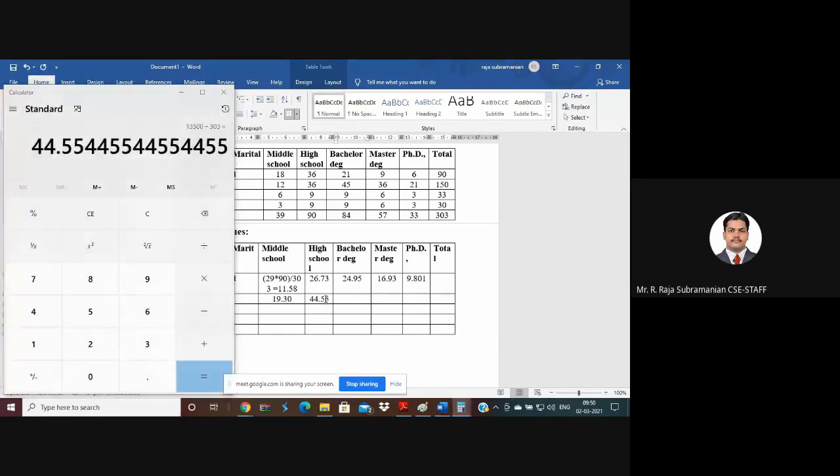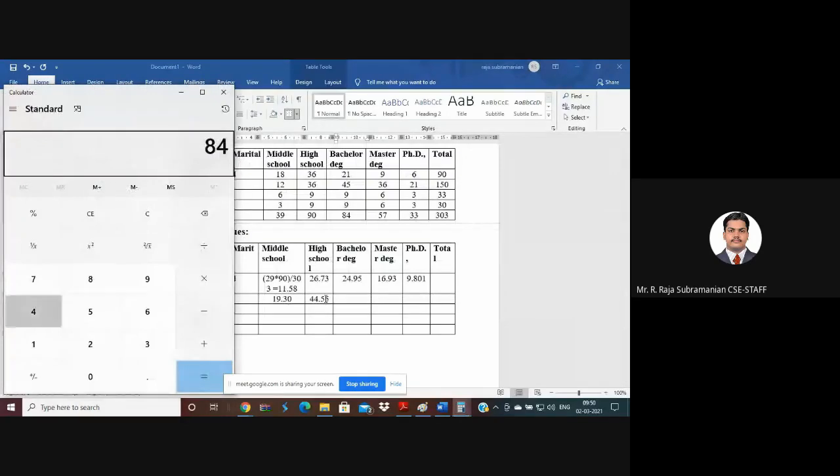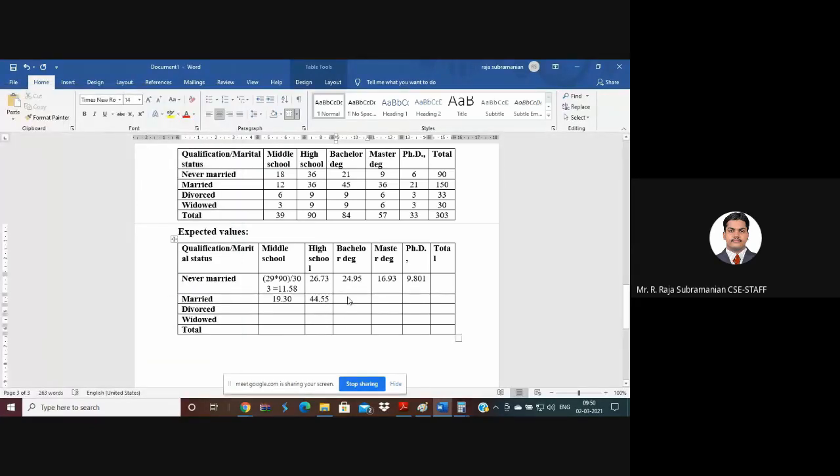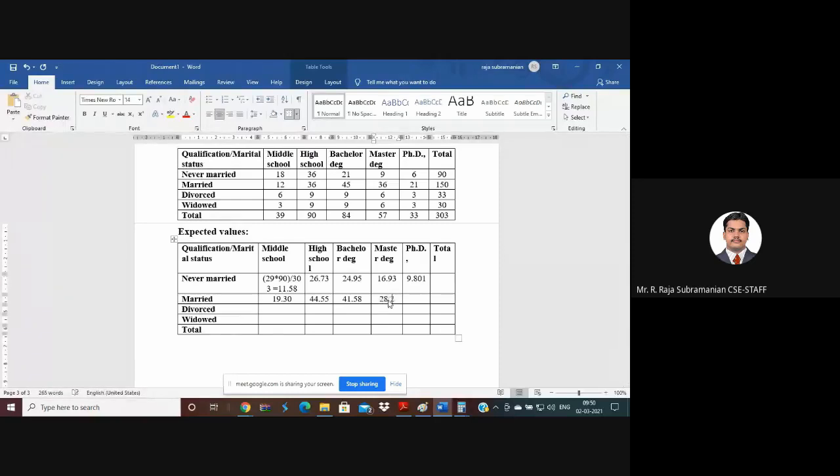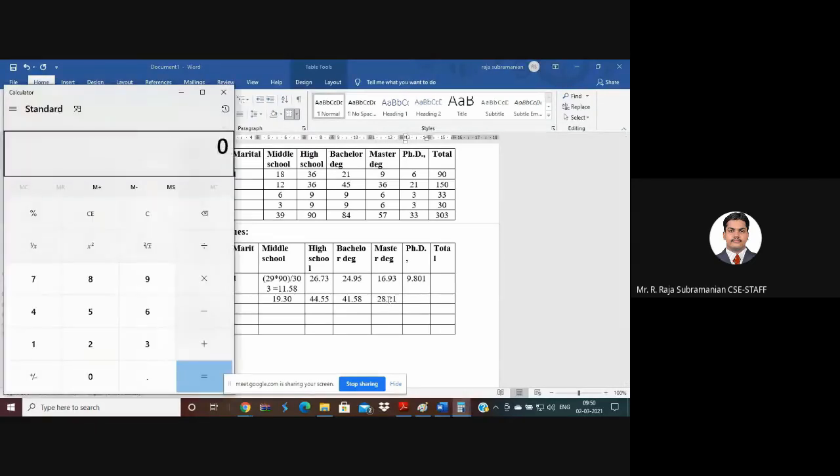And 84 into 150, 12,600 divided by 303. I get 41.58. And 57 into 150, 8550 divided by 303, 28.21. Next, 33 into 150, 4950, I get 16.33.